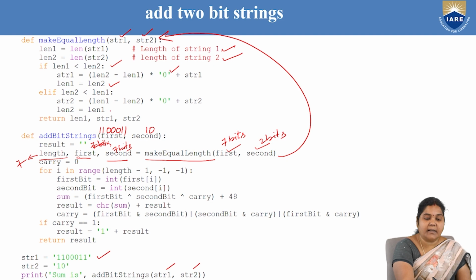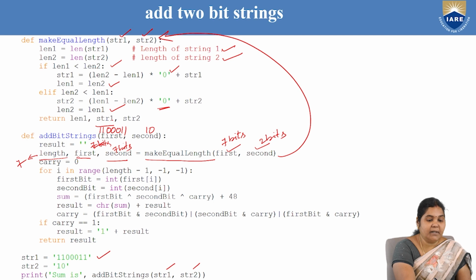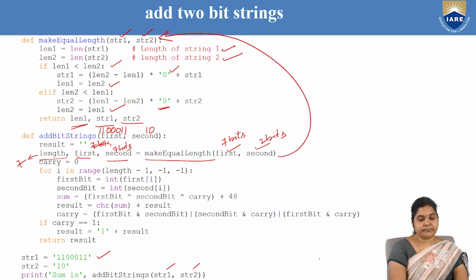A similar process we apply if the second string is smaller: add the leading zeros and make length 2 equal to length 1. That means you are equalizing the length. And we are returning string 1 and string 2, both updated. Based on whichever is smaller, that will be updated, and we return string 1, string 2, and the length of the strings.